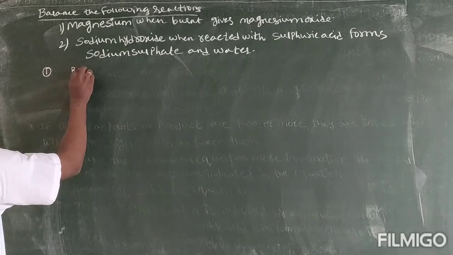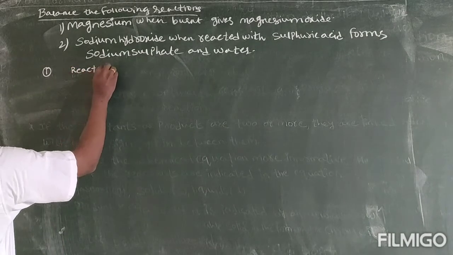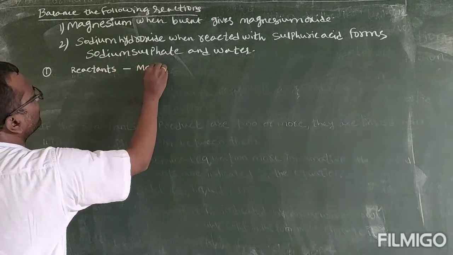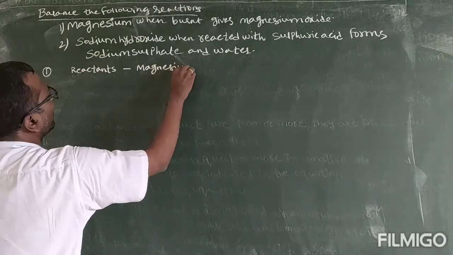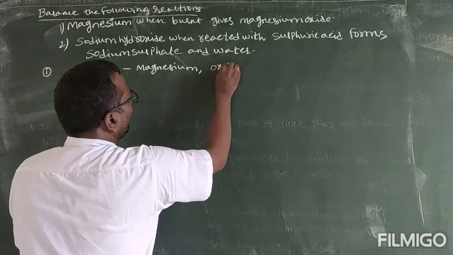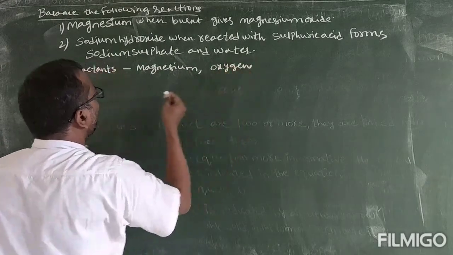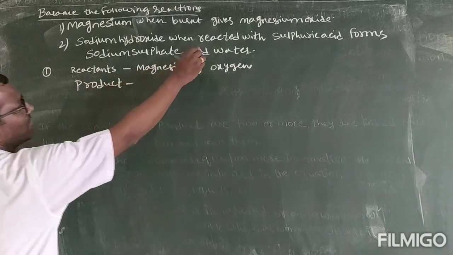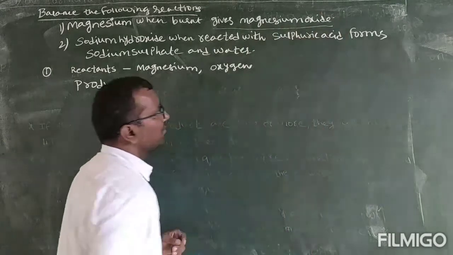For the word equation you should identify what are the reactants and what are the products. So the reactants are what? Magnesium is burned in air, so oxygen. And the product is what? Gives, this is the product.